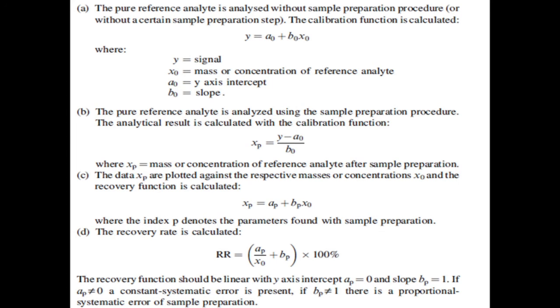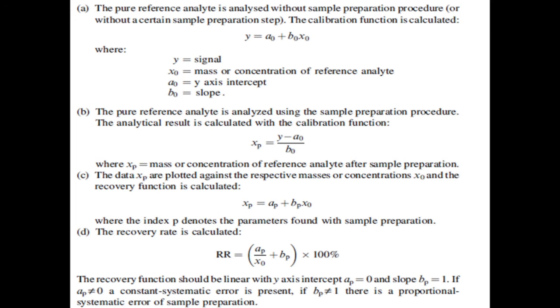Xp is equal to (y minus a0) upon b0, where Xp is the mass or concentration of the reference analyte after sample preparation. C. The data Xp are plotted against the respective masses or concentrations x0 and the recovery function is calculated.